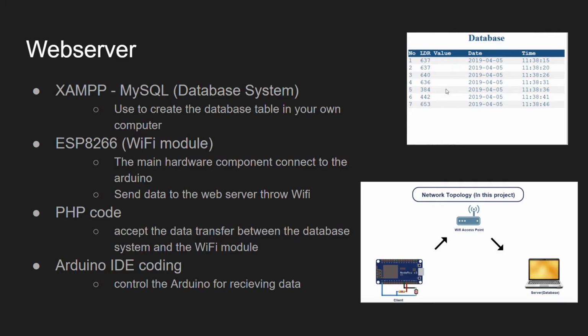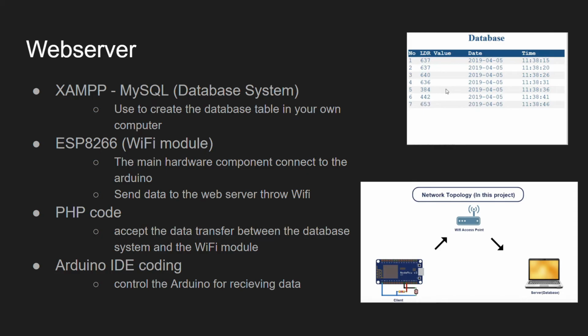And next, the ESP8266 Wi-Fi module. It is the main hardware component to connect the Arduino and the database system. When the data is sent into the Arduino, it will go through this Wi-Fi module and be sent to the server, just the database, as in the graph on the right down corner.